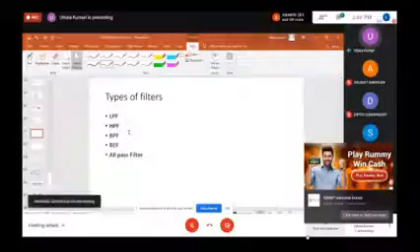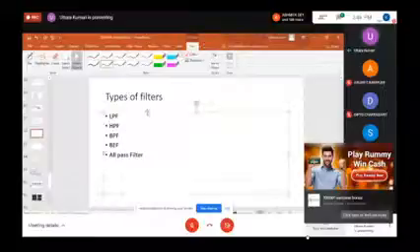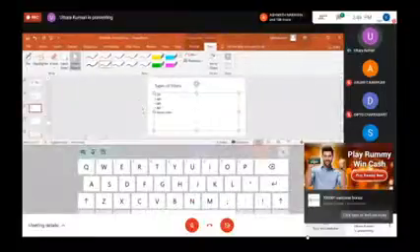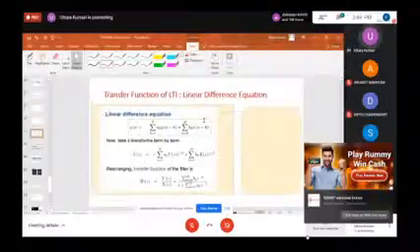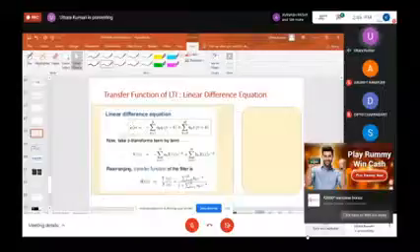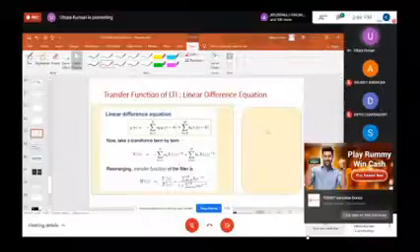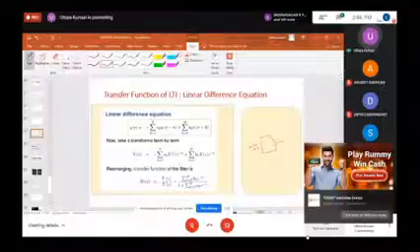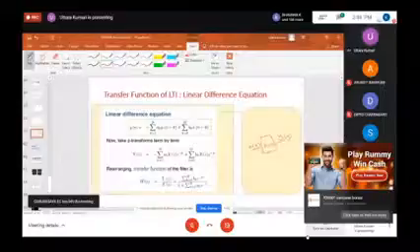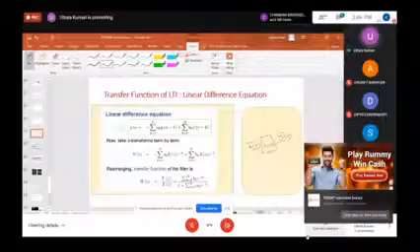In this revision of filters, we have seen whether it is a low pass filter, high pass filter, band pass, or band elimination filter. And based on these, we have seen the difference equation. Whenever you take a system which defines output to input, say x of n and y of n, and h of n is the system response, y of n and x of n are related by a linear difference equation.